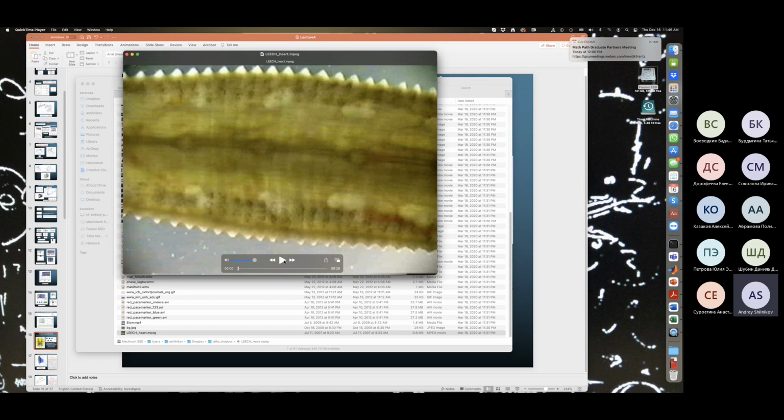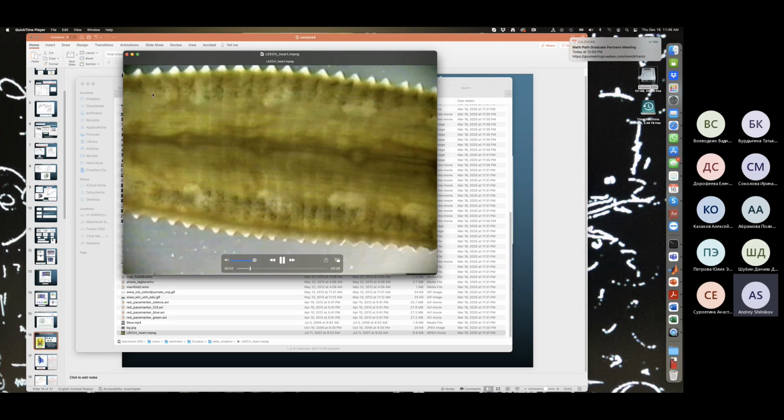What you see here in a second is the circulating blood. You see it moves like this over here. Then it re-emerges on the top, going clockwise, one more time clockwise.